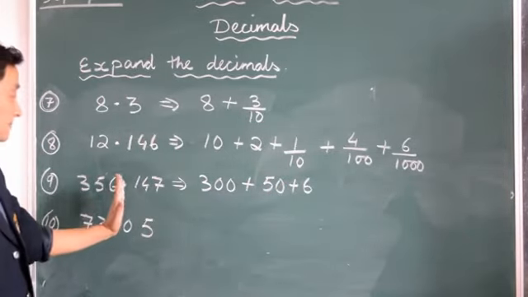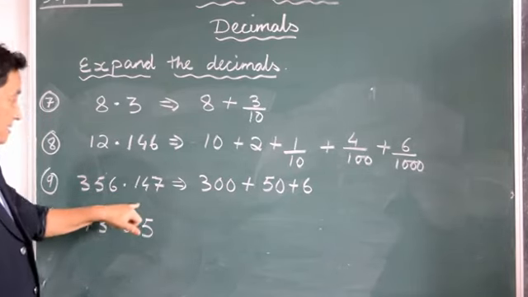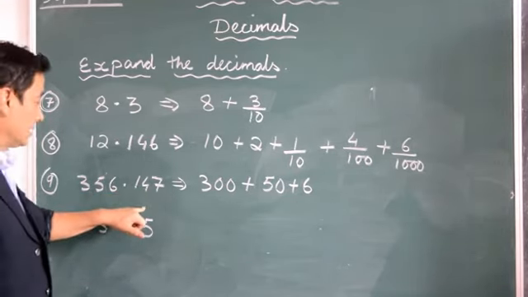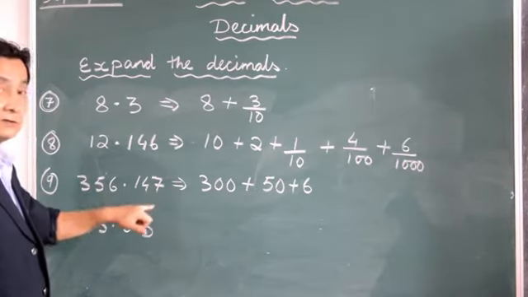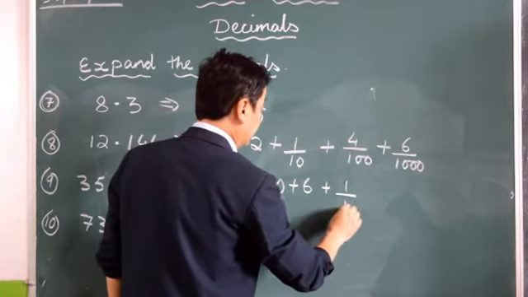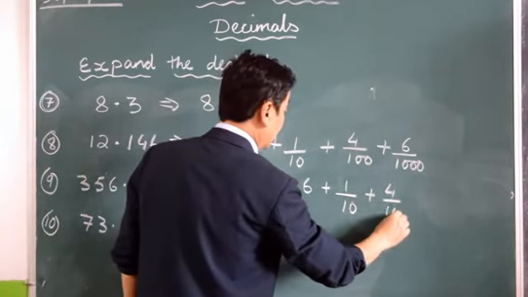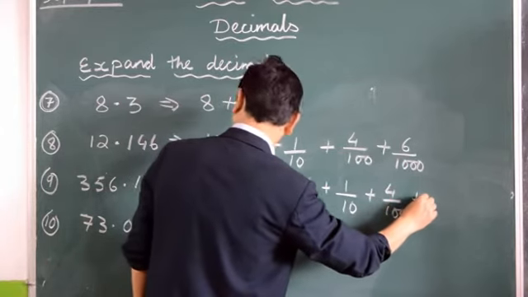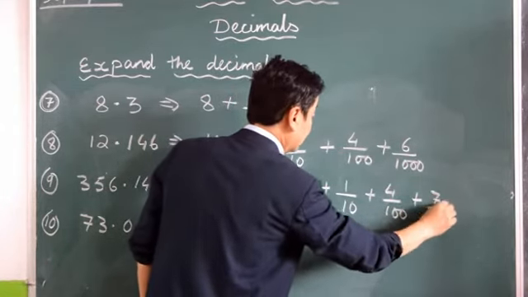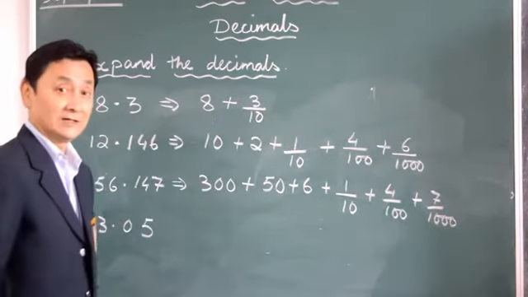Let's look at the numbers that come after the decimal point. 1 tenth, 4 hundredths, 7 thousandths. It's very easy, no?